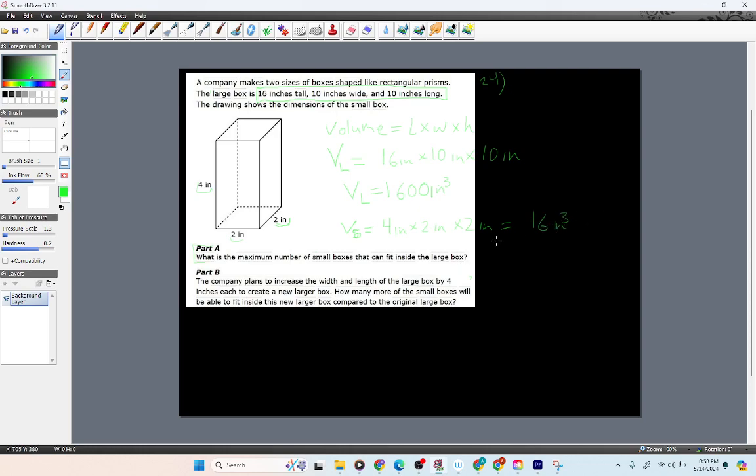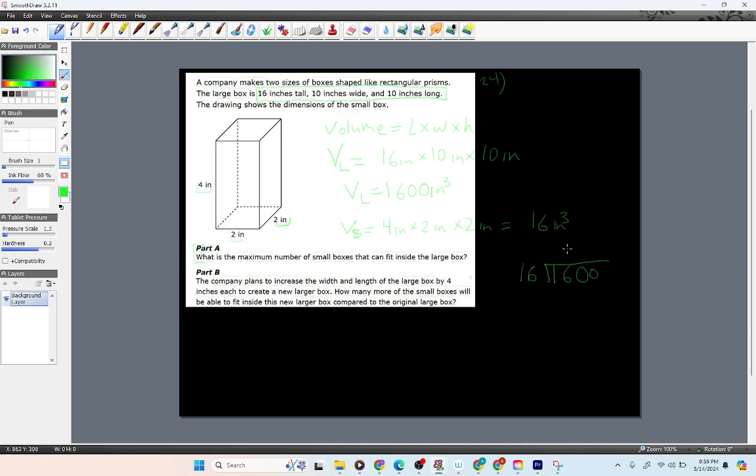And now they want to know, that's the volume of our small box, how many of those would fit into our large box? Well, we can just divide our large box by the size of our small box. So it's going to be 1,600 divided by 16. That'll tell us how many of these go into our large box here.